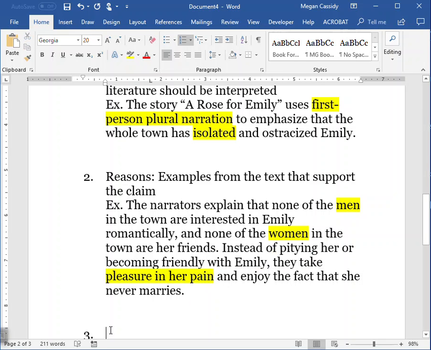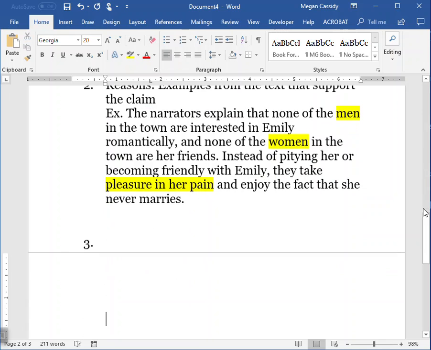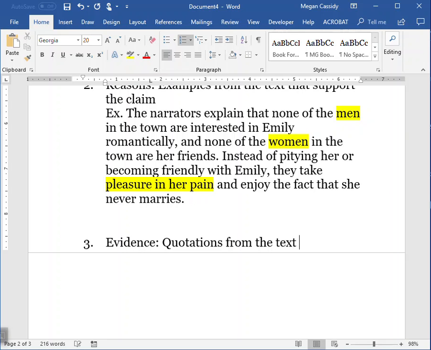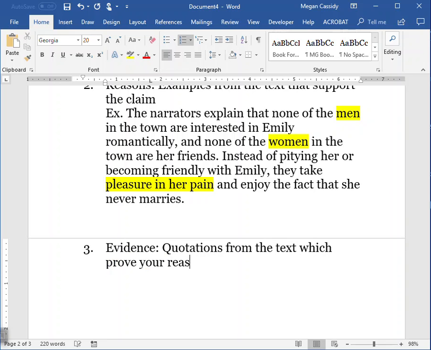Right. Then this is, I think, sometimes for people the most difficult part. The third part is the evidence. When you are choosing your evidence, you want to make sure that you have examples from the text, quotations from the text, which prove your reasons.